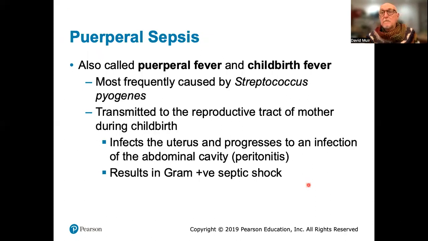There is one type of disease associated with gram-positives, which results in sepsis, which used to be extremely common. And this is puerperal sepsis, or sepsis associated with childbirth, often referred to as childbirth fever.